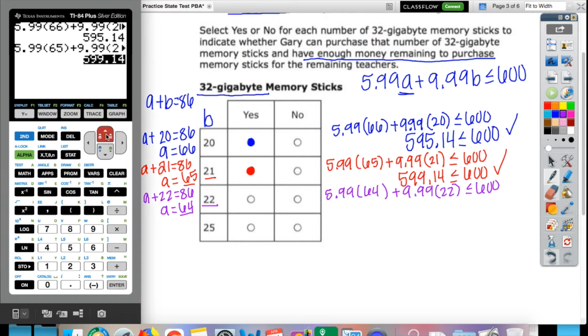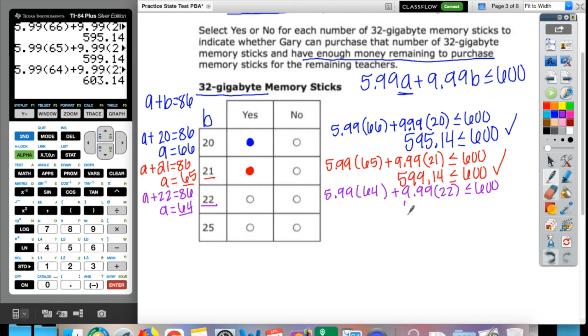And I'm going to go up and highlight my previous equation and hit enter. So I can just change those to 22 and 64. And I'm going to get 603.14. Is that less than or equal to 600? No, he went over his budget, so he doesn't have enough money to get 64 16 gigabyte memory sticks and 22 32 gigabyte memory sticks.